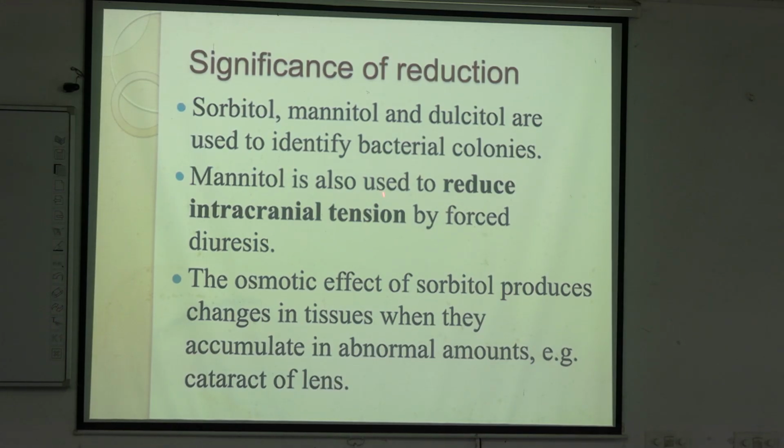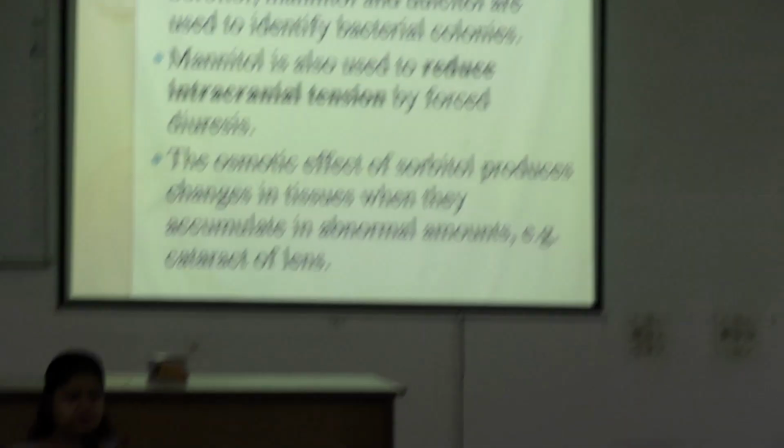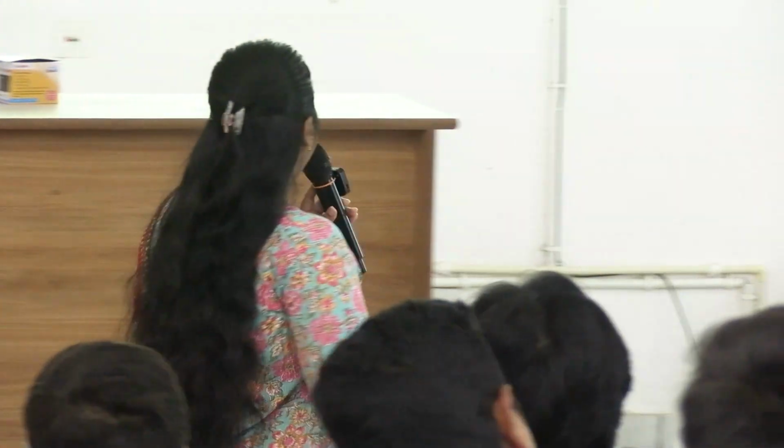Okay, so in case of increased intracranial tension, we use mannitol to reduce it. If we give mannitol injection in case of intracranial pressure rise, it will help in removal of excess water from the brain, thus reducing the intracranial pressure. That is the use of mannitol.